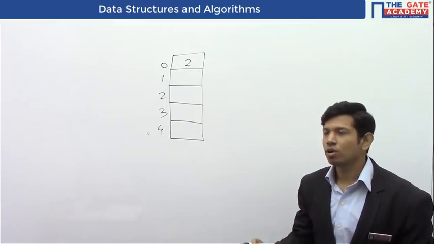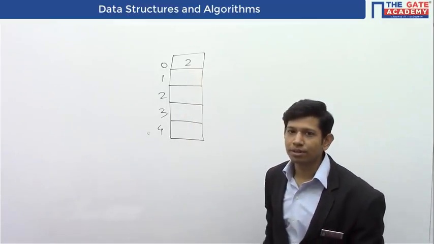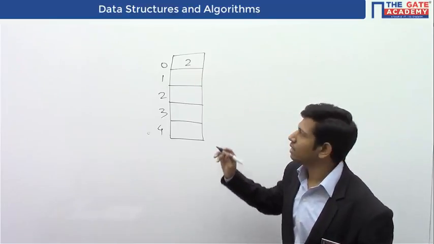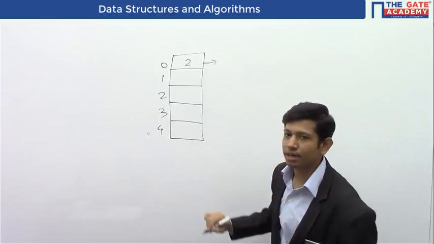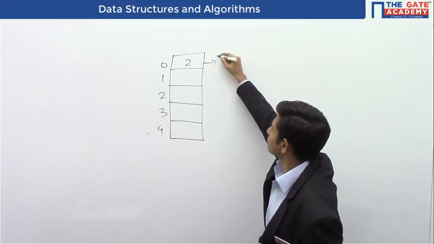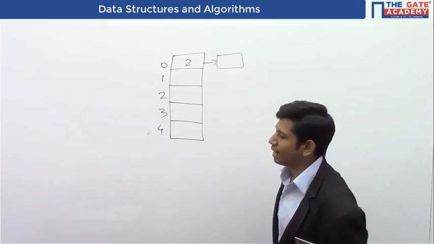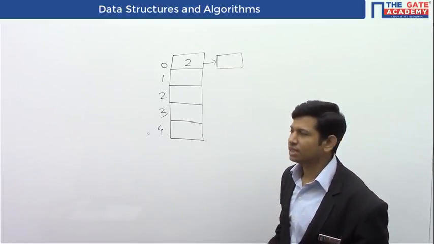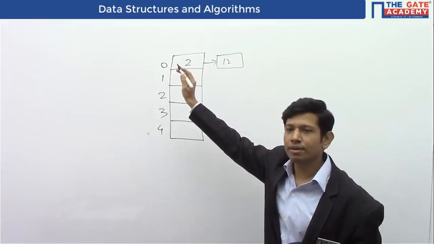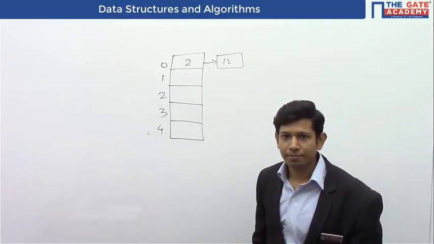Next key also comes to the same slot. So since chaining is used, it will be stored here only in this slot using a linked list. Let's say the next key was, say, 12. So 12 is also stored in the same slot using chaining.